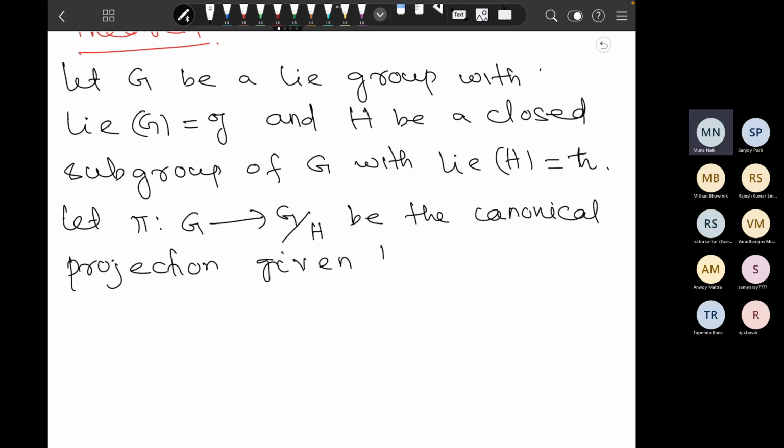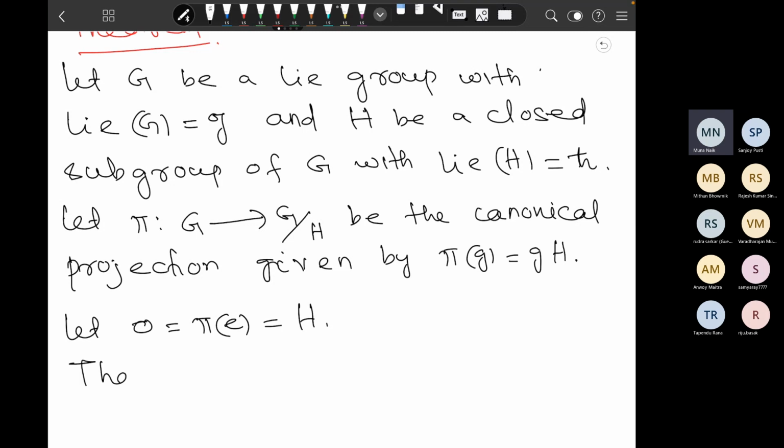Given by π(g) = gH. Let o = π(e), and π(e) is H because this is the identity coset. Then I look at dπ_e. This will be a map from 𝔤 to T_o(G/H).